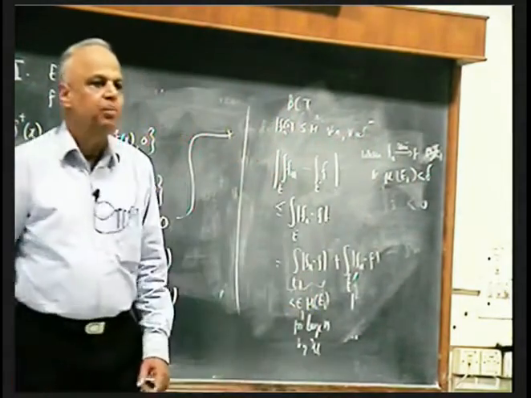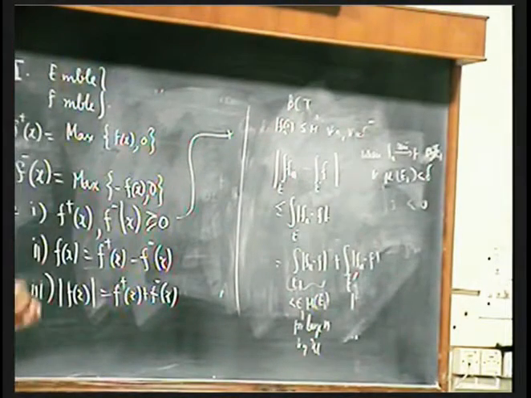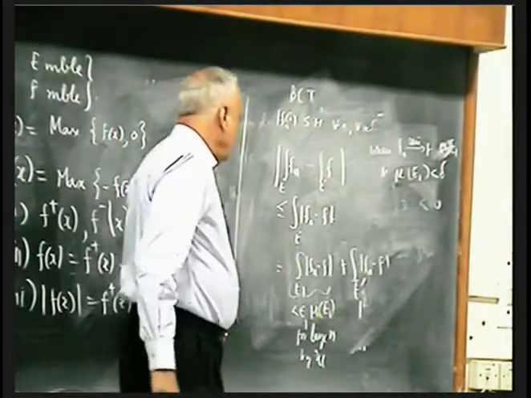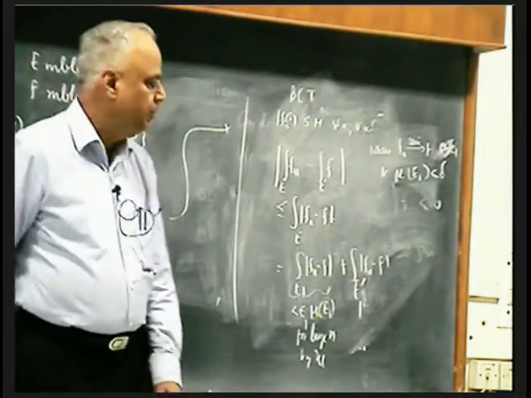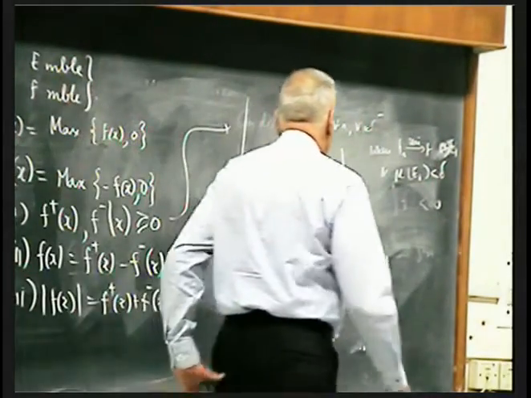For all x I can make mod Fn x minus f x less than epsilon, so I can pull that out, and the remaining integral over E1 gives just the measure of E1.